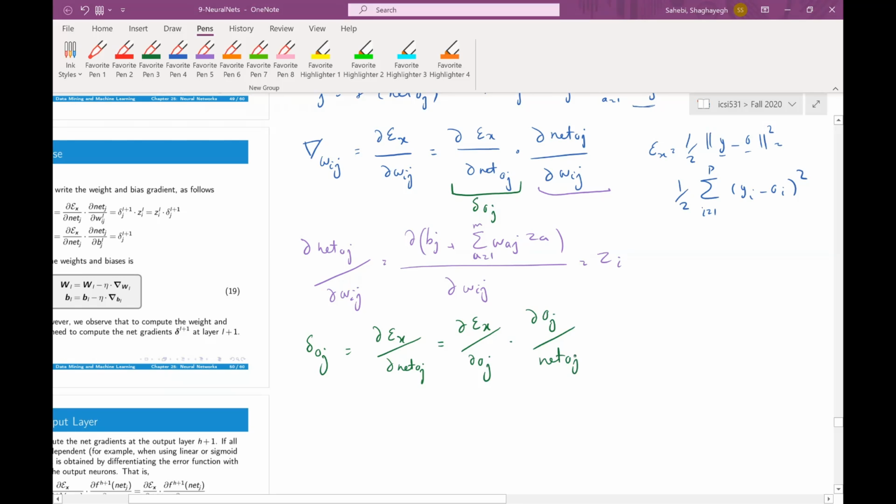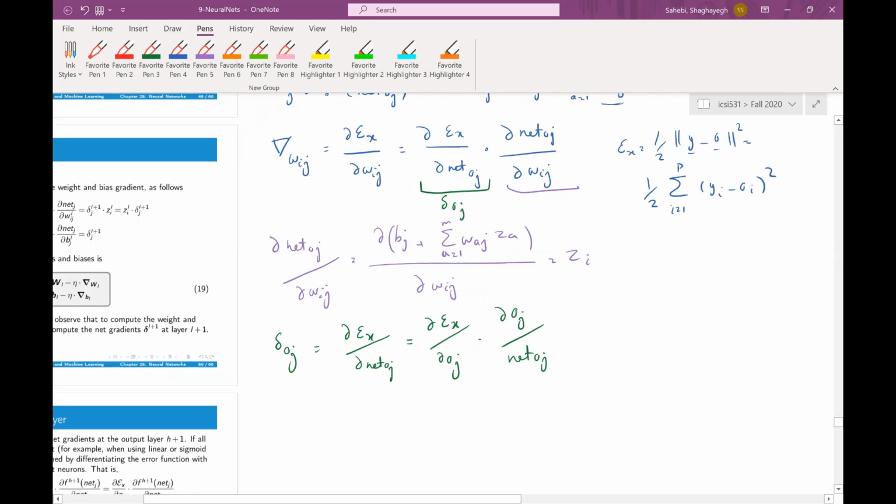Why are we doing this? It's just easier, because you can see that in the error function definition we do have O in it directly. So it's easier to take the derivative of that with respect to O, and then take the derivative of O with respect to net OJ. It makes things simpler.